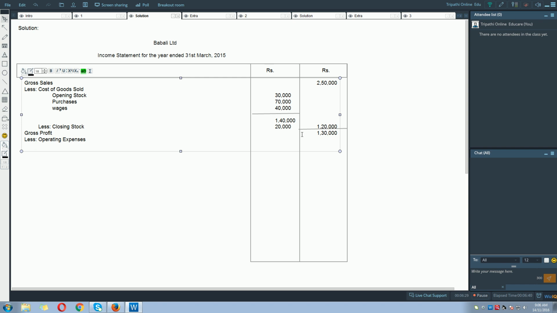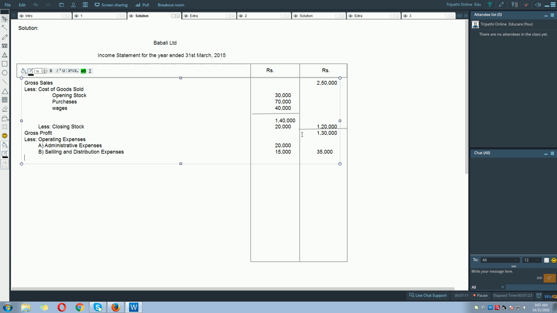Less: operating expenses. A will be administrative expenses, 20,000. B, selling and distribution expenses, 15,000.